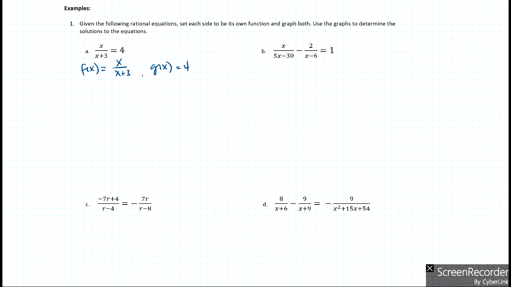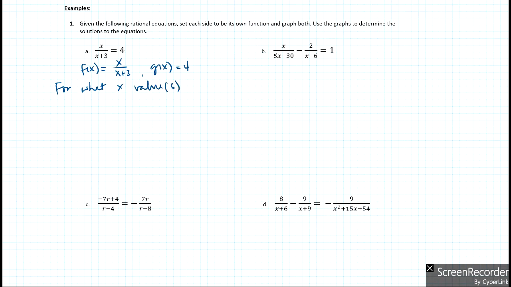Remember, anytime we want to solve equations graphically, what we're really looking for is where they have the same x value and same function output. That's essentially what it means for the two sides to be equal to each other. So once we define f of x and g of x, to solve this equation, we're looking for what x values make these two function outputs equal to each other.